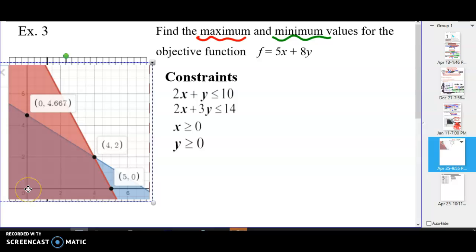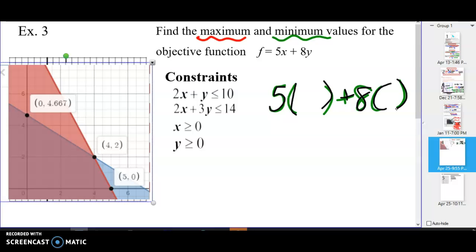So, the points that are very important. Now you've got 0, 0, so that would for sure be a minimum value. I'm guessing that the 4, 2 is going to be my maximum, so let's try that. So I've got 5 times x plus 8 times the y. I wish that had been black because green was supposed to be for minimum.